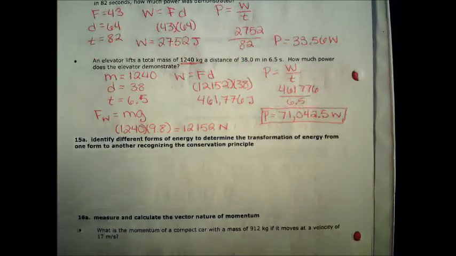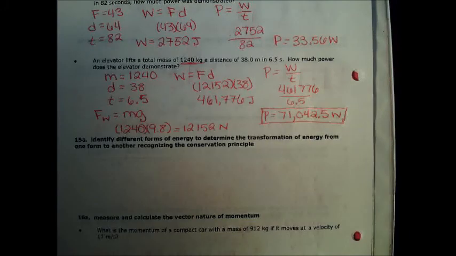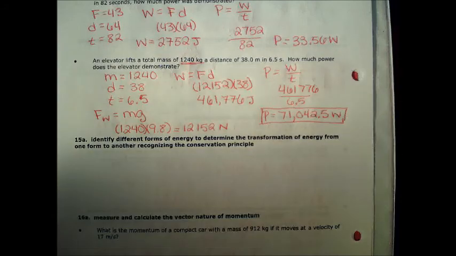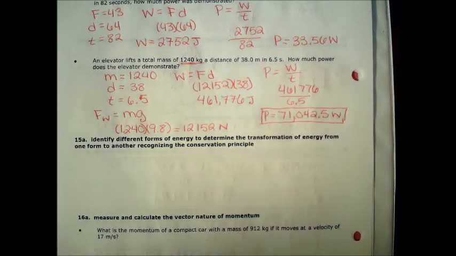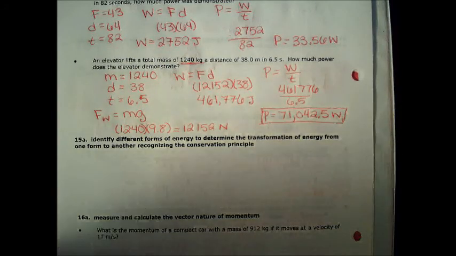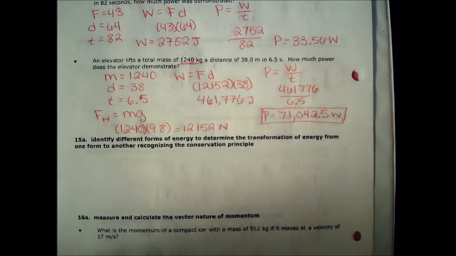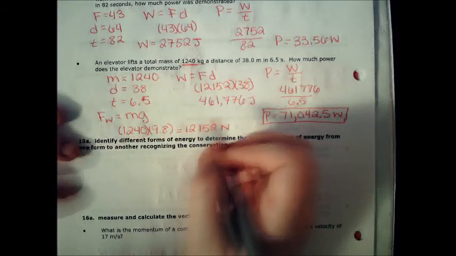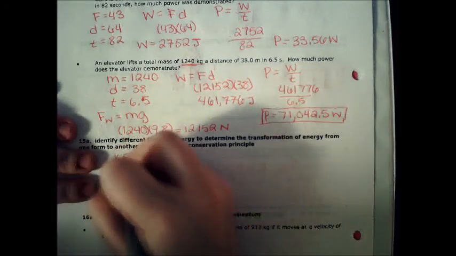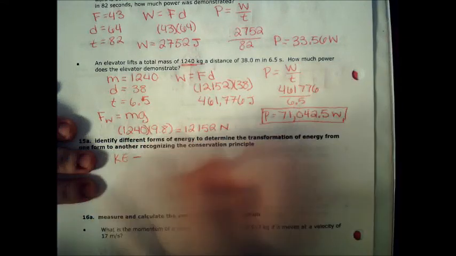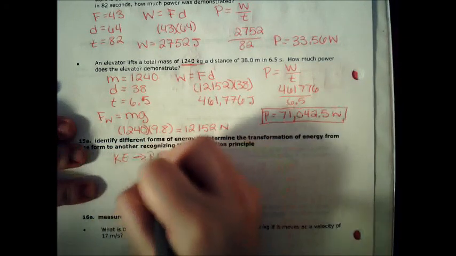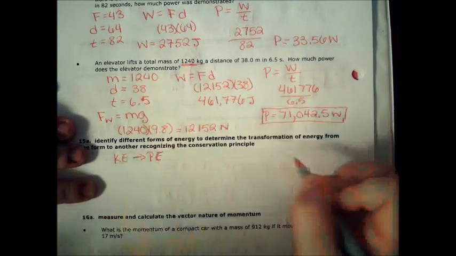Okay, so identify different forms of energy to determine the transformation of energy from one form to another. We did a bell ringer like this that walked you through different energy transformations. Here are some energy transformations you could have. KE, which stands for kinetic energy, to PE, which is potential energy.